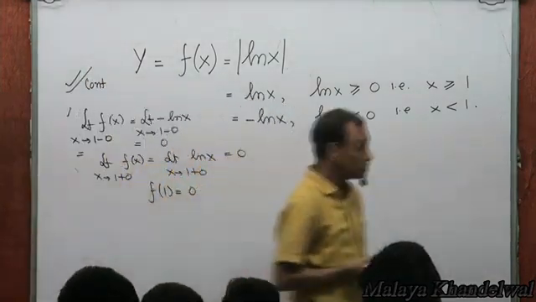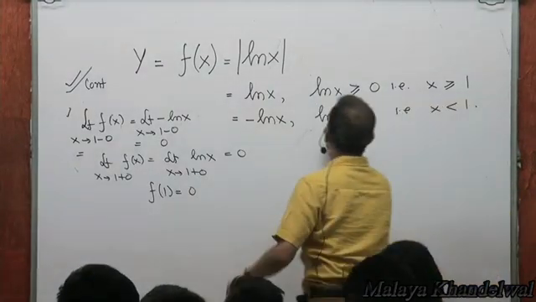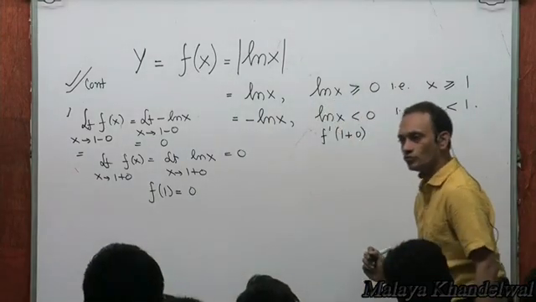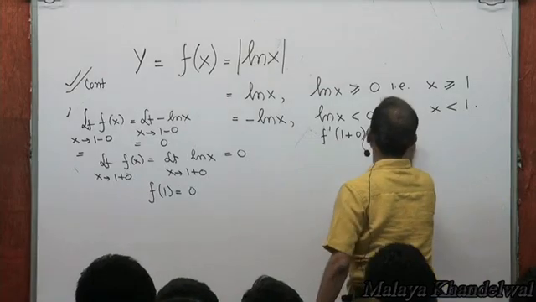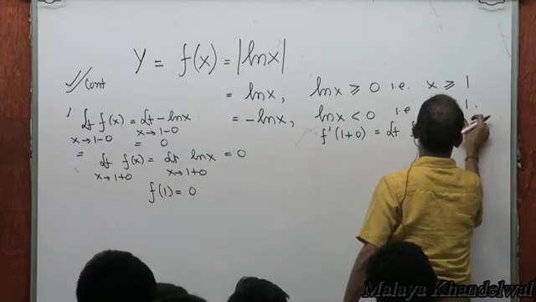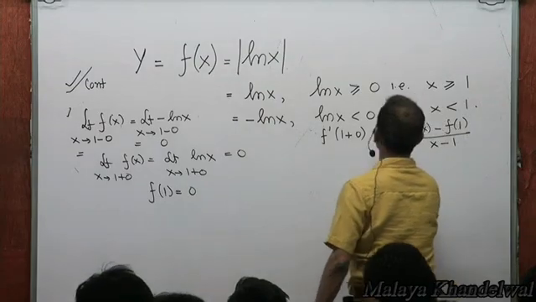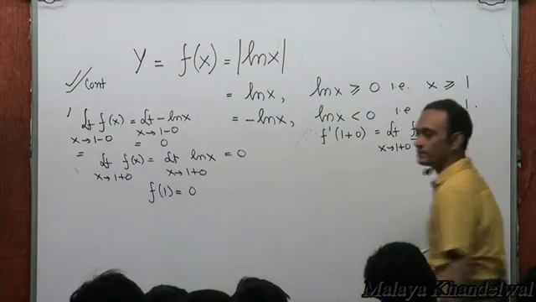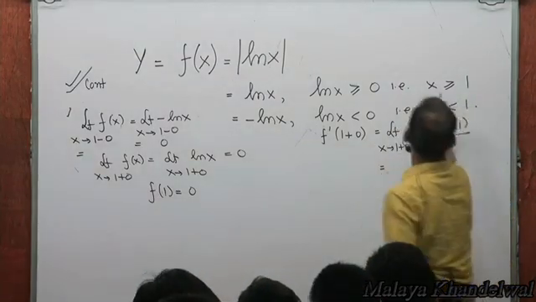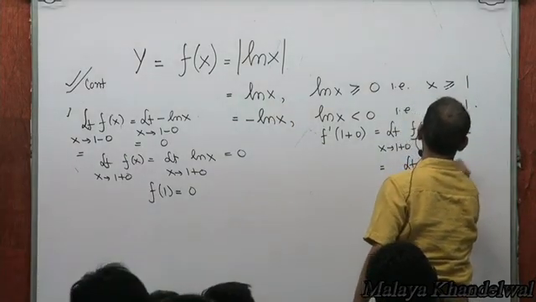So I need to check it for differentiability at x equal to 1. Now, f dashed 1 plus 0, the right hand derivative at x equal to 1, is going to be limit fx minus f1 by x minus 1 as x tends to 1 from the greater than 1 side. When x is slightly greater than 1, fx is ln x, f1 is 0.